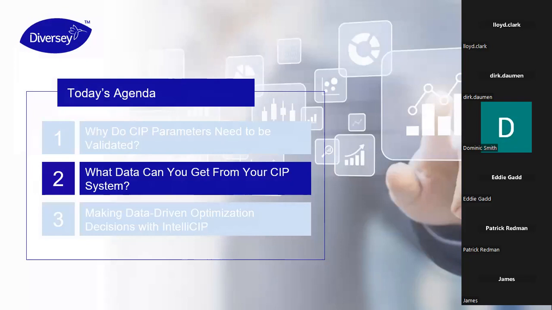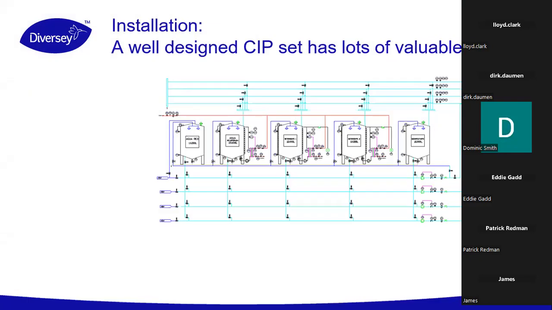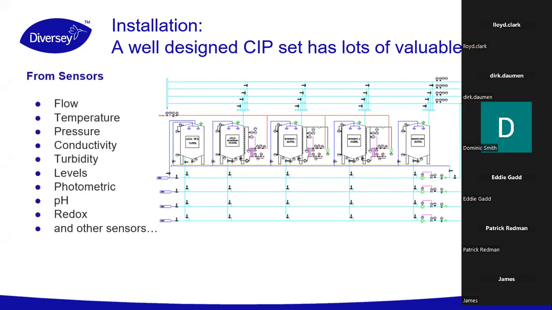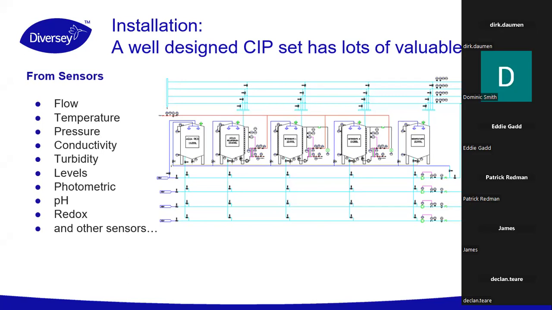So what data can you get from your CIP system? A well-designed CIP set has lots of valuable data. So from your sensors, you have flow, temperature, pressure, conductivity, turbidity, pH, redox, any of the sensors that you have on your CIP set. Of course, not every CIP set will have every type of sensor.